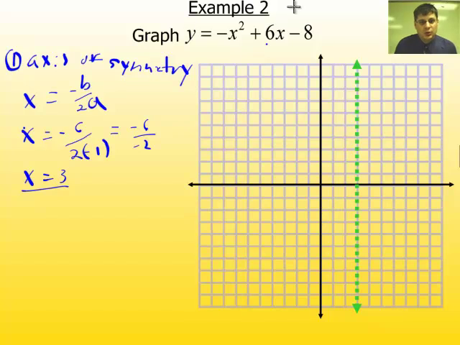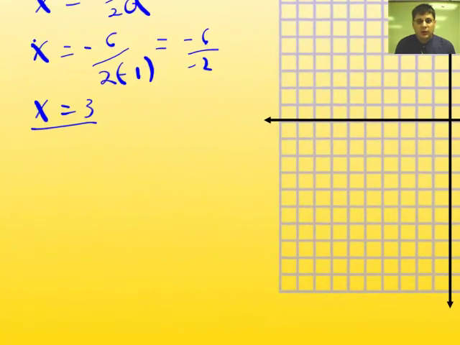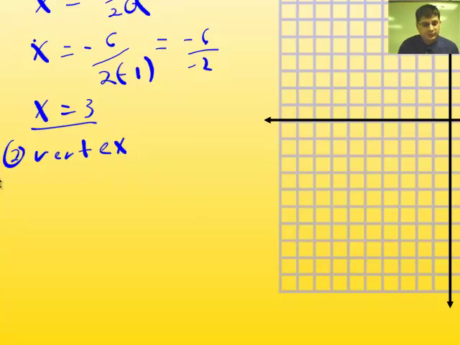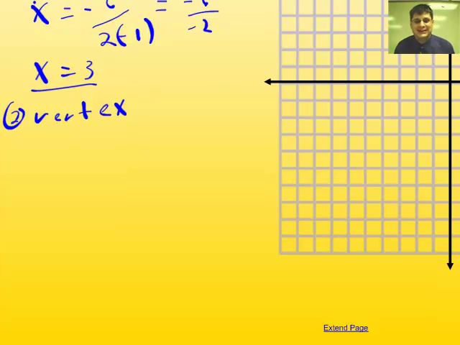Okay, so now the second part is we're going to find the vertex. And it's easy to find the vertex because it lies on the axis of symmetry. It's somewhere on this vertical line. We just have to figure out where exactly.